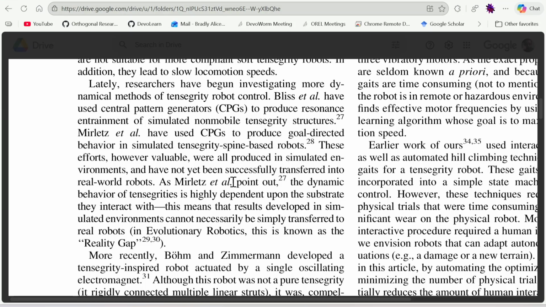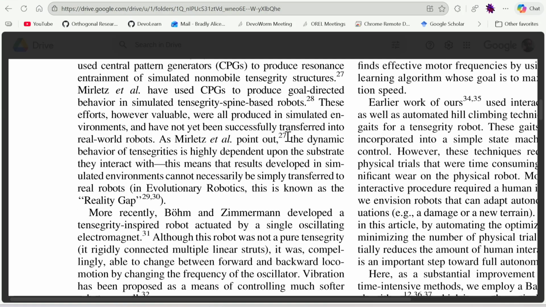These efforts, however valuable, were all produced in simulated environments, so we need real-world robotic examples. As Mouret et al. point out, the dynamic behavior of tensegrities is highly dependent upon the substrate they interact with. This is the same thing in cellular systems. If we talk about our sheet of epithelial cells, we have a substrate which the cells adhere to, and that substrate affects the behavior because, as we talked about, these tensegrity systems have to be anchored on a substrate in order to exhibit a lot of these tensegrities in the first place.